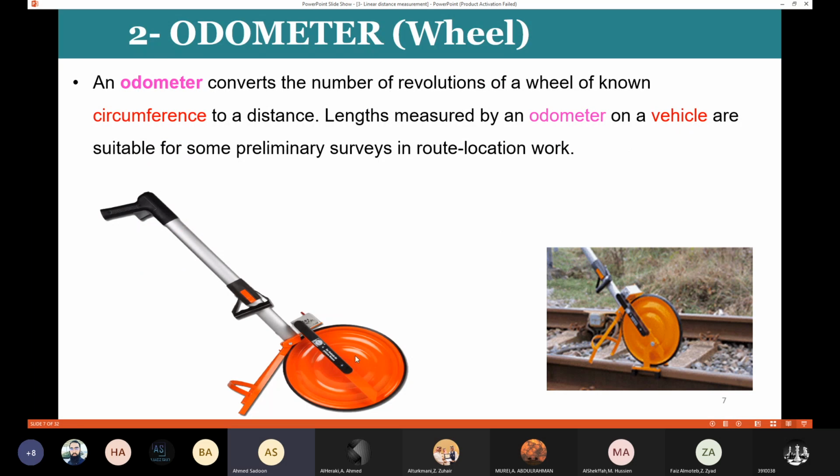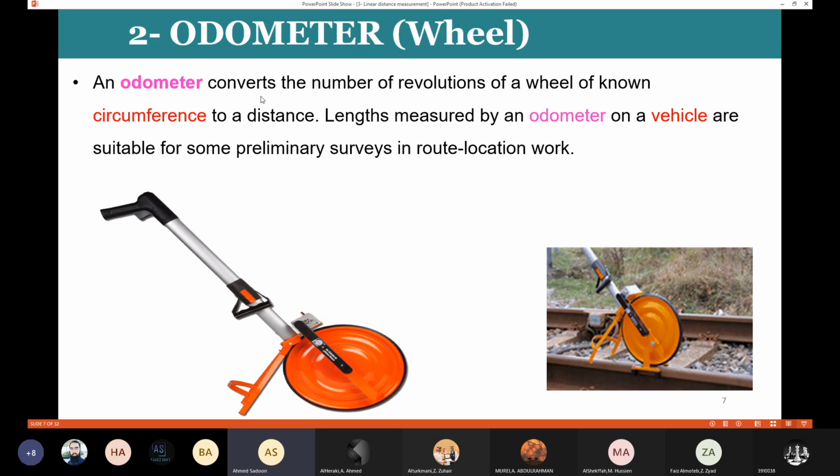As it rotates, it creates revolutions. And it's also important to know the diameter and the circumference of the wheel in order for that device to convert the rotation into meters.